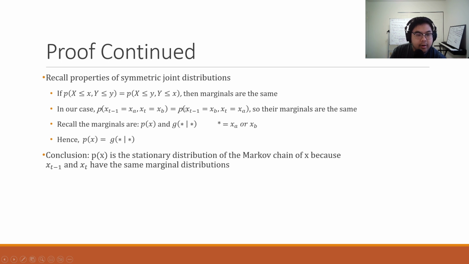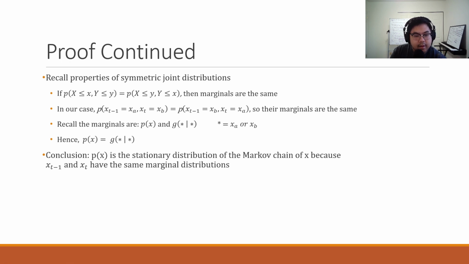And so in our case, this is our transition kernel or transition density, and we can replace the x sub a with x sub b, and it's still the same thing, like we proved earlier. That means, conclusion, the marginals are the same. Recall, what are the marginals? P of x and the jumping distribution. So basically, sampling from the jumping distribution is like sampling from the posterior distribution.